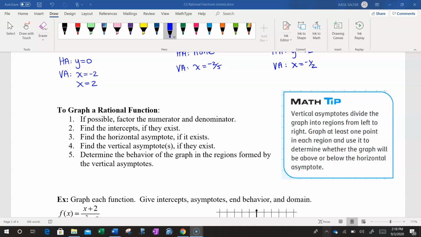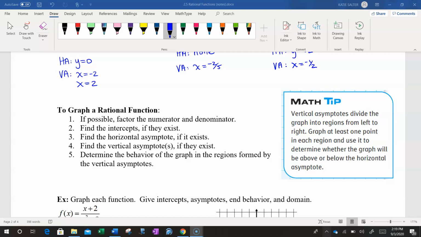All right, so how are we going to graph these rational functions that are not in one of those transformation forms from the reciprocal function? What we're going to do is, if possible, factor the numerator and denominator. And then we're going to find the intercepts if they exist, so get your x-intercepts, y-intercepts. We're going to find the horizontal asymptote if it exists, and find the vertical asymptotes if they exist.